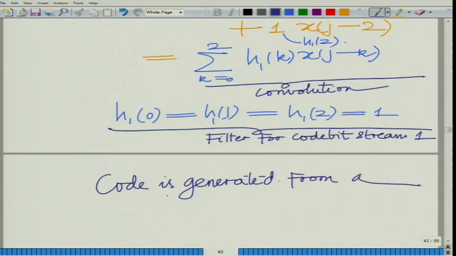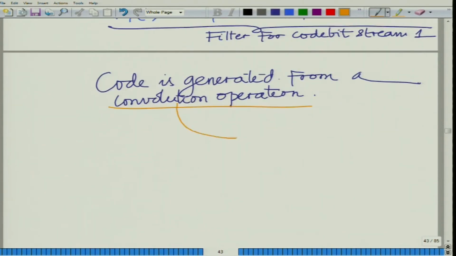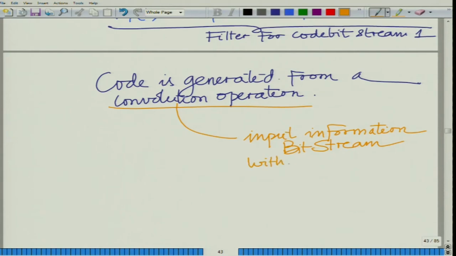So let us note that the code is generated from a convolution operation, convolution of the input information bit stream with the suitable filter.